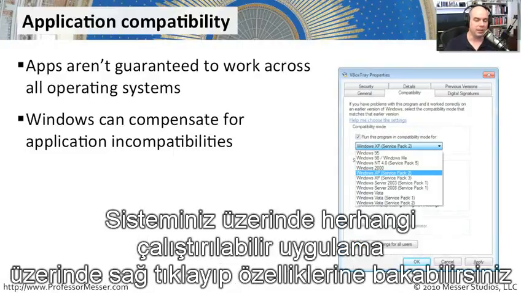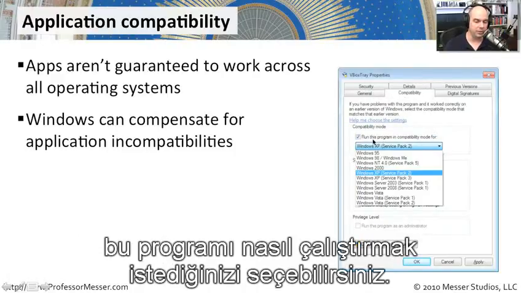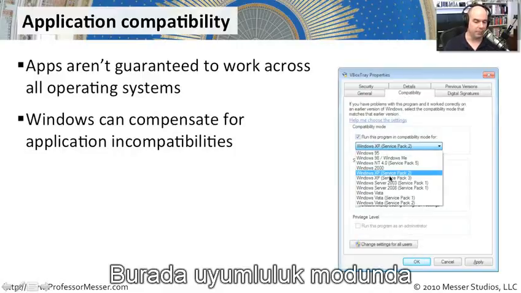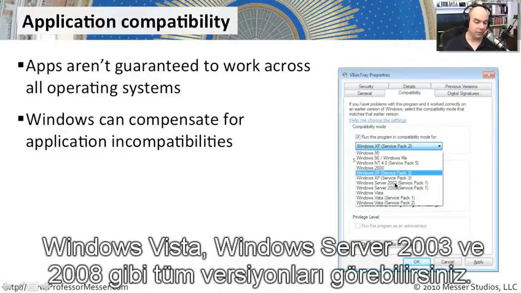And you can right mouse click and look at the properties for any of the executables on your system. There's a compatibility tab right there in the middle, and you can choose how you would like this particular program to run. Look at all of the different operating systems that you can run in this compatibility mode, everything from Windows 95 and Windows NT all the way down to Windows Vista, Windows Server 2003 and 2008.